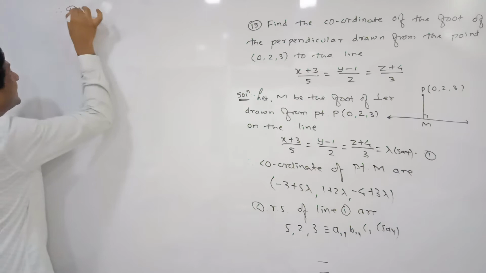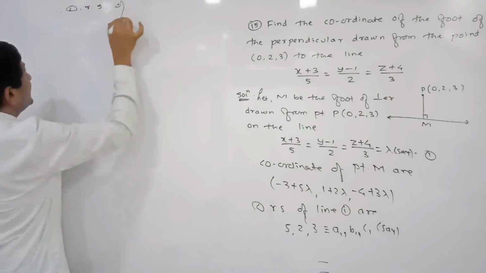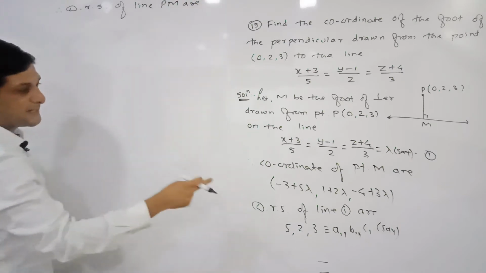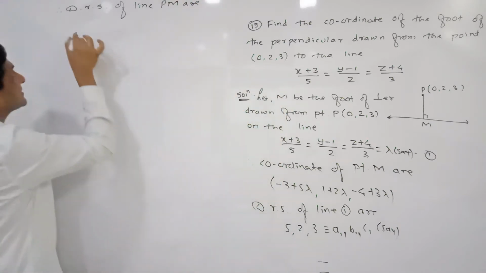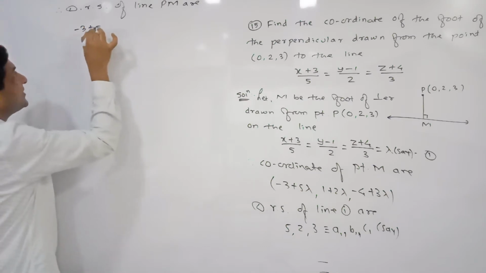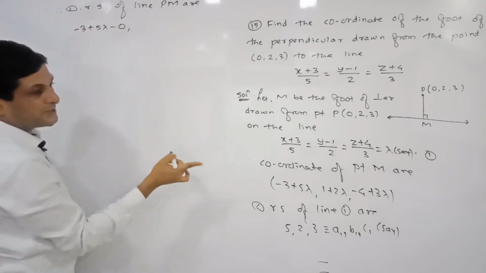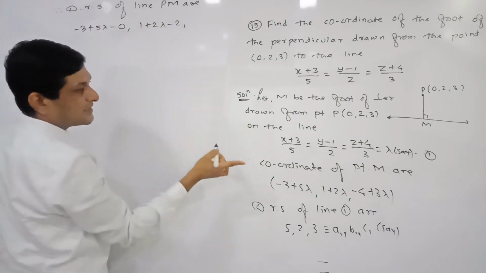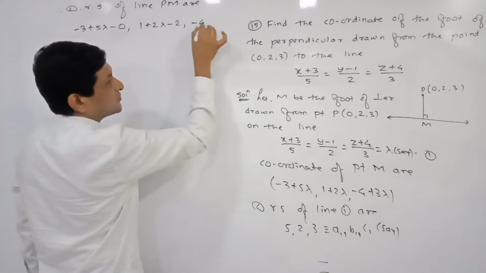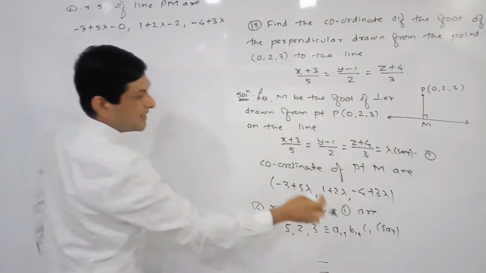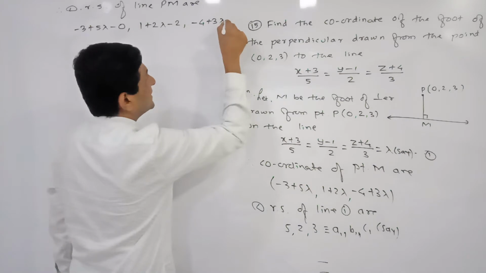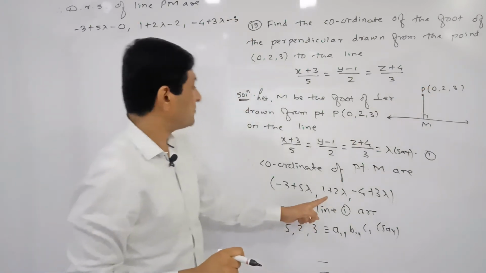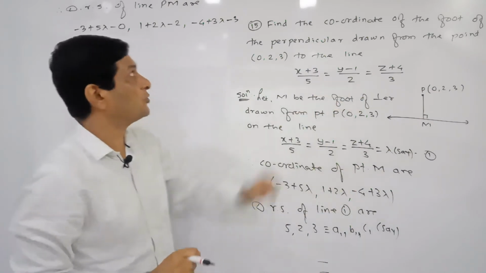So the direction ratios of line PM are: x2 minus x1, meaning minus 3 plus 5 lambda minus 0; y2 minus y1, meaning 1 plus 2 lambda minus 2; and z2 minus z1, that is minus 4 plus 3 lambda minus 3.